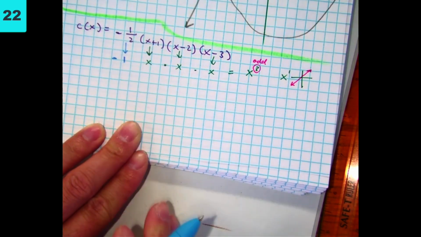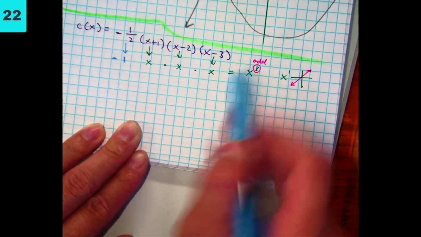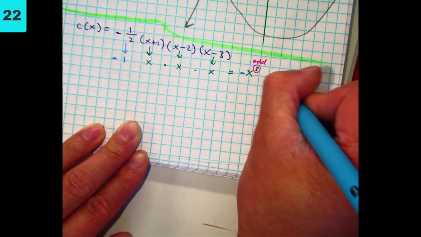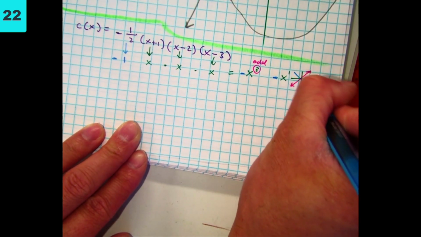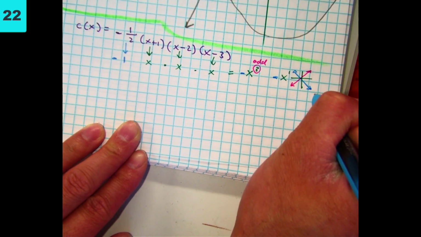Are you following me? I don't care what the fraction is, just that it's a negative. So this will become negative x to the third. Easiest one is negative x to the first. That means it's going to start up and go down. Okay, there's your clue.